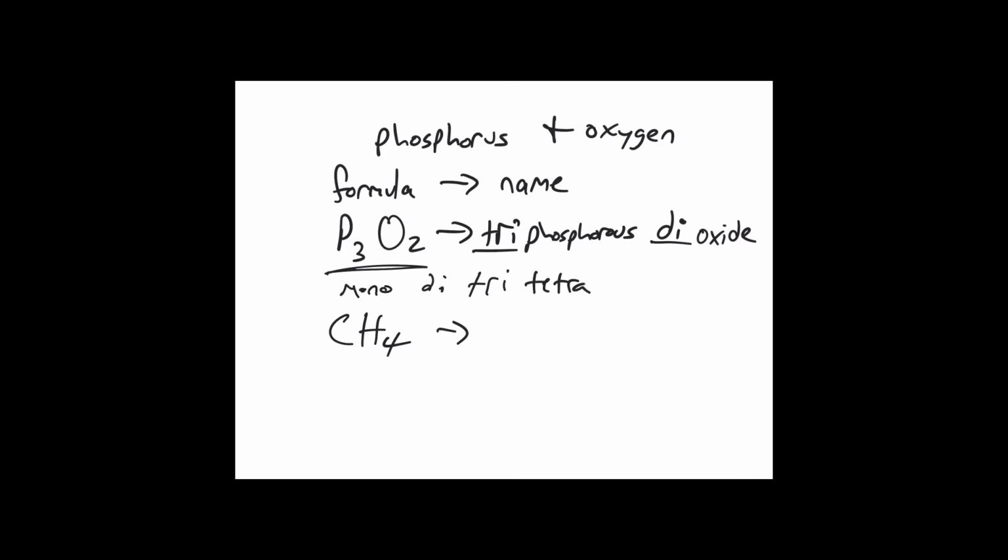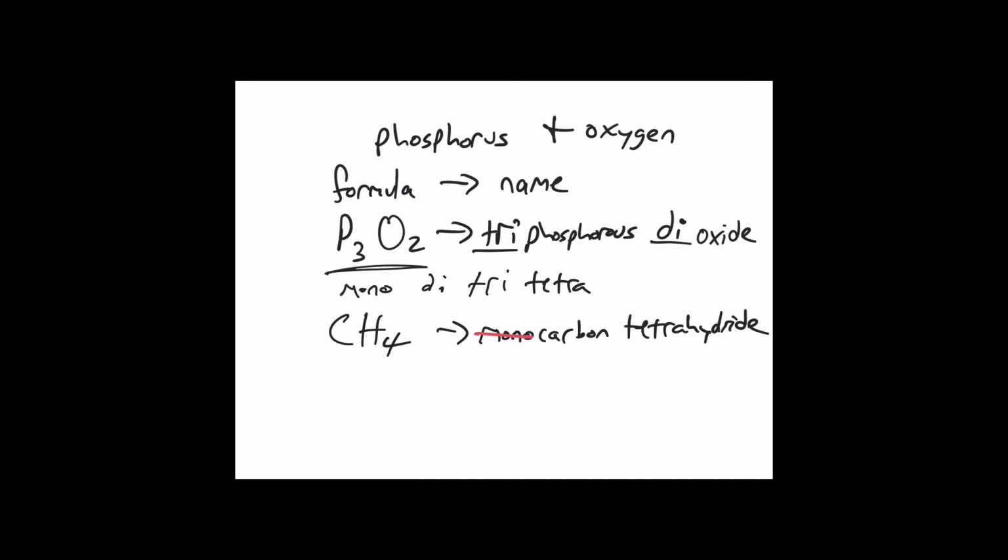Good thinking, but you never ever start with mono. So if I want to write monocarbon tetrahydride, the last one ends in ide, I have to remember, don't ever start with mono. The first one cannot have mono. The second one can, but not the first one. Never start with mono. It can lead to kissing.